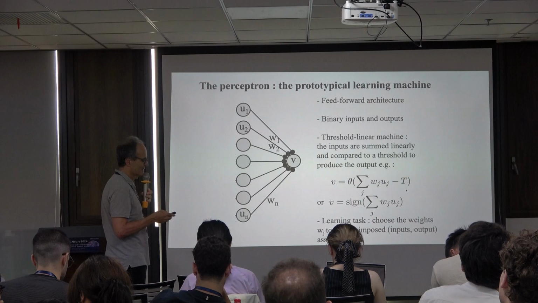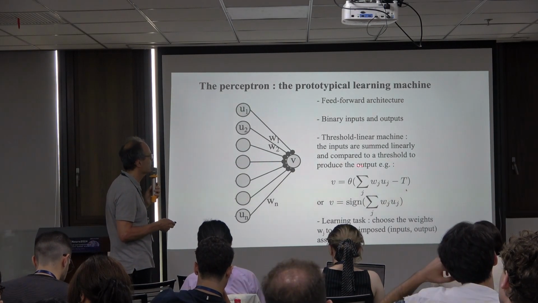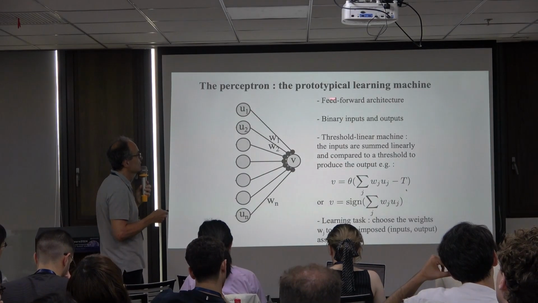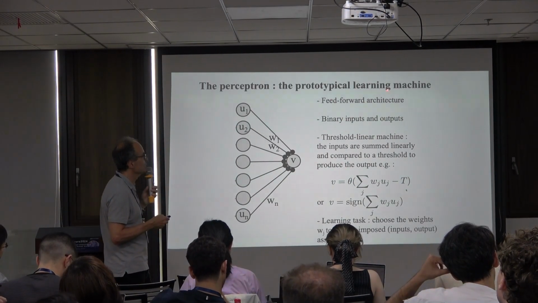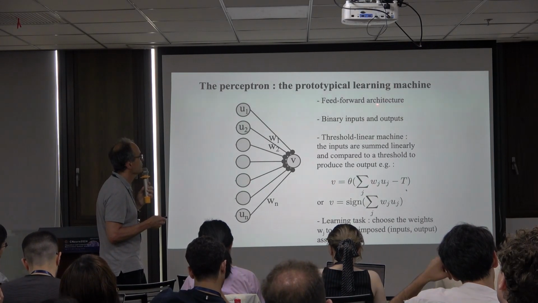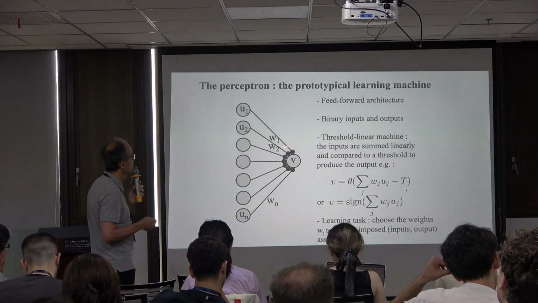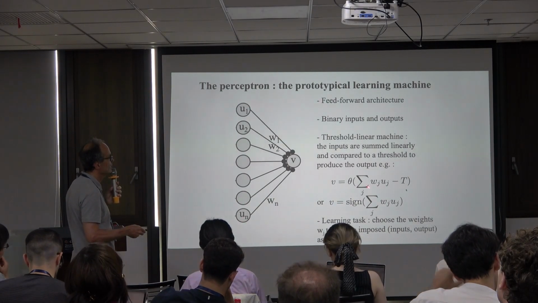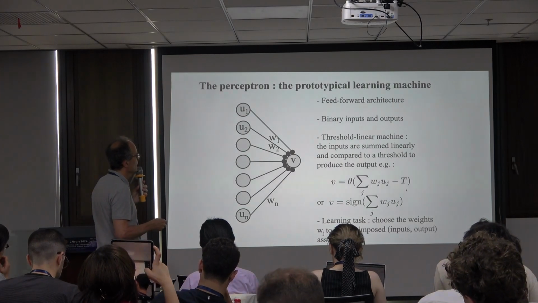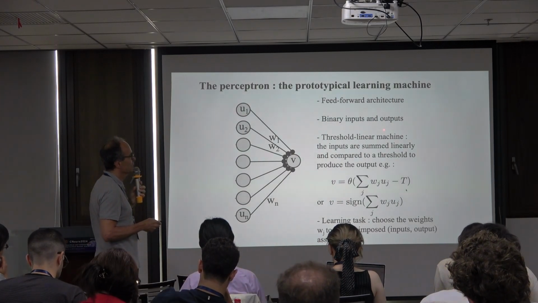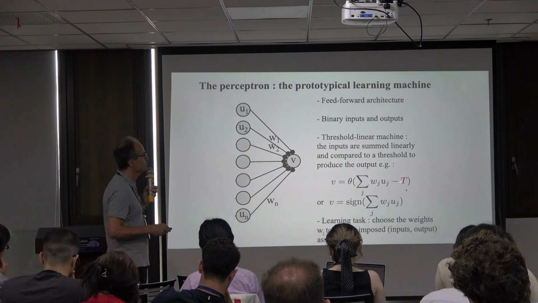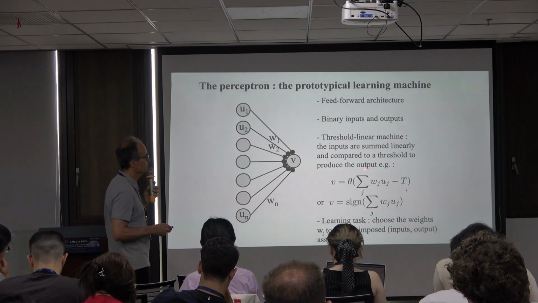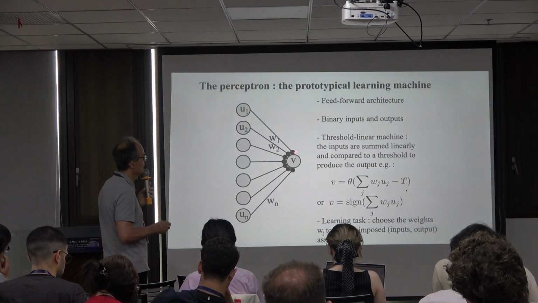So I remind you what perceptrons are for those who don't know. It's in some sense the simplest learning machine, introduced very early in the AI field. You just have inputs, you do the linear combination of these inputs, as Mitya was doing this morning, but you do slightly more: you put a threshold and you output, say, a binary value, something that is active or not.